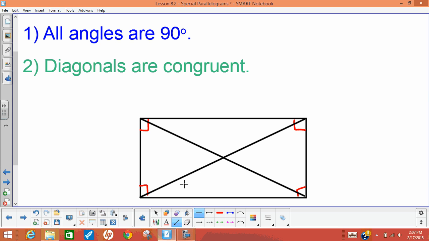They still bisect each other, but they're also congruent. So the entire length of the two diagonals is equal. It also means that these four little pieces will be equal. So all four of those are equal. And you should see that that gives us four isosceles triangles in here.